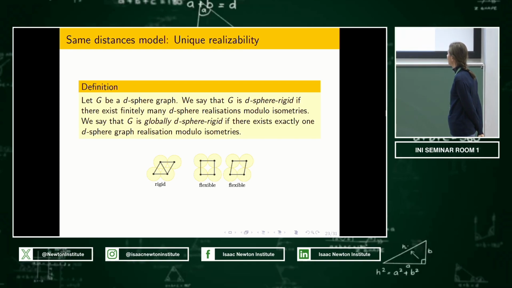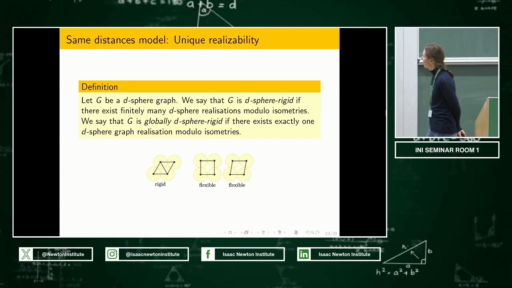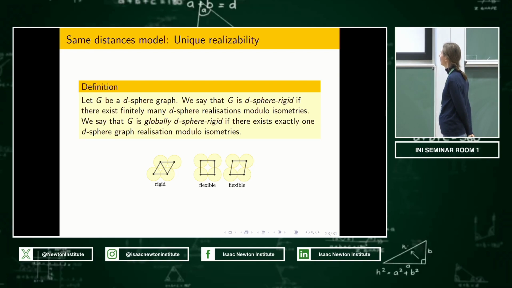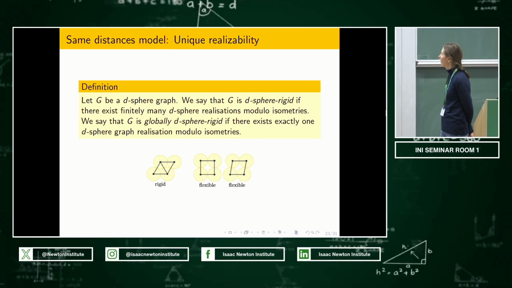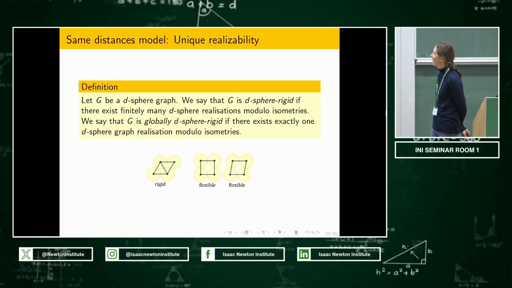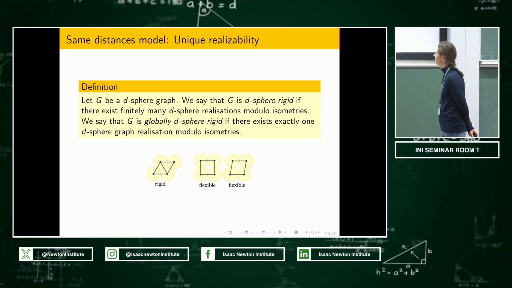Now about unique realizability. There is the notion, so let G be a d-sphere graph. We say that G is d-sphere rigid if there exist finitely many d-sphere realizations modulo isometries, and we say that G is globally d-sphere rigid if there exists exactly one d-sphere graph realization.